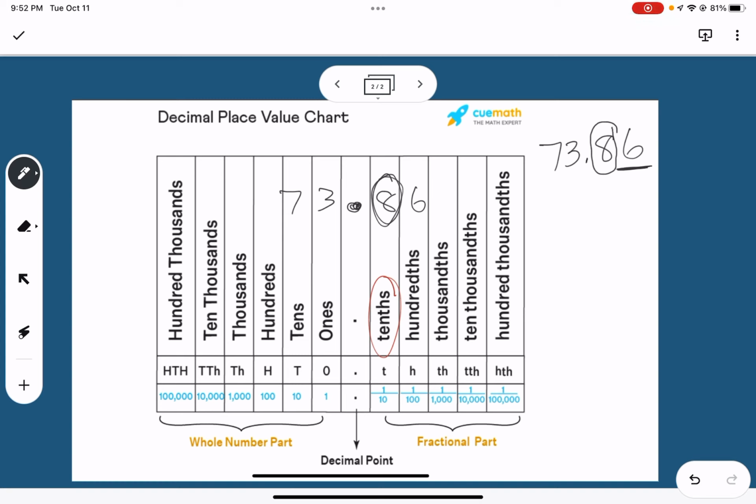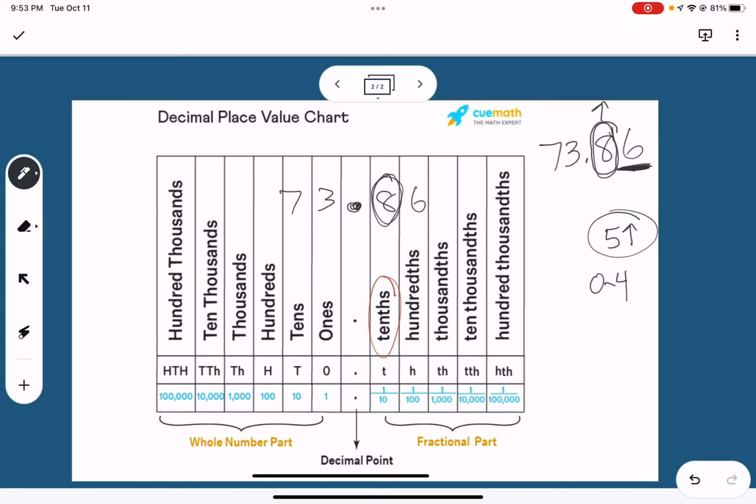Looking right here, you're going to be able to decide, do I round up or do I keep the number the same? If this number that I've underlined is a 5 or higher, you are going to bump the number up. If it is less than 5, so anything from 0 to 4, then you will keep the number the same. In this case, 6 falls into the first category.